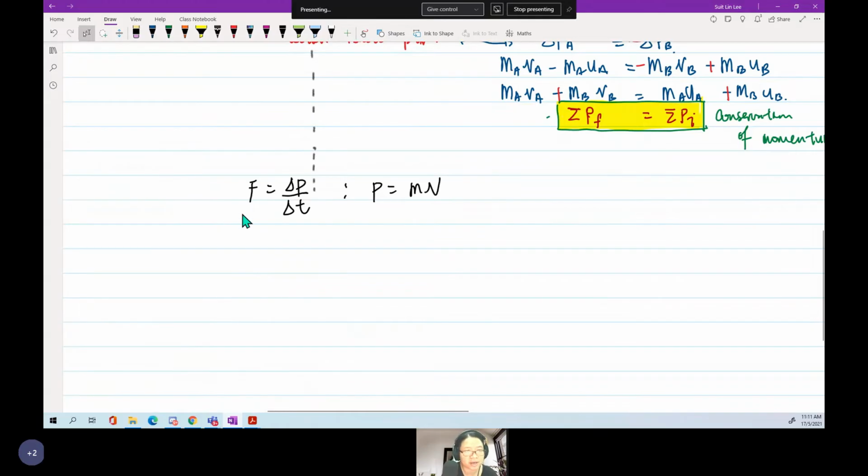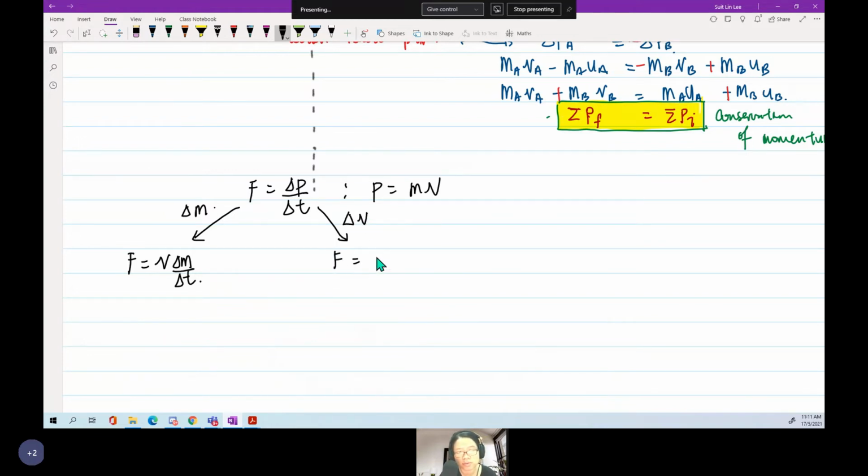One case is where my change in momentum is due to the change in mass. So then your force will look like v times change in mass over time. Sometimes it can be due to change in velocity. So your force will be equal to mass times change in velocity over change in time.